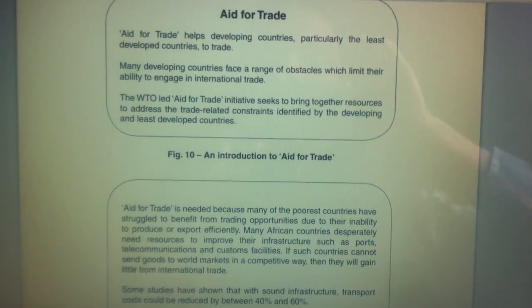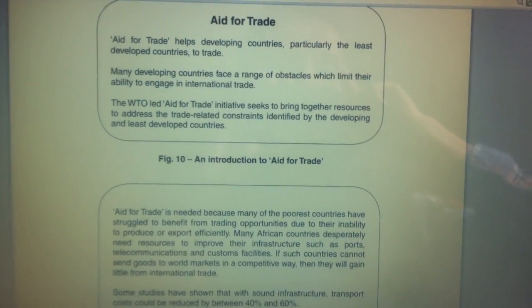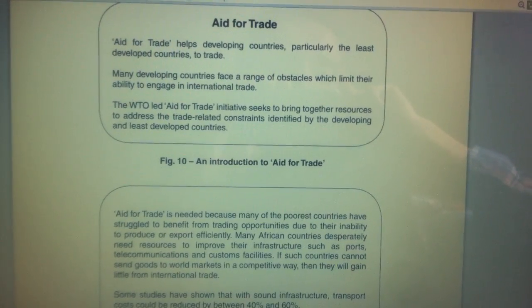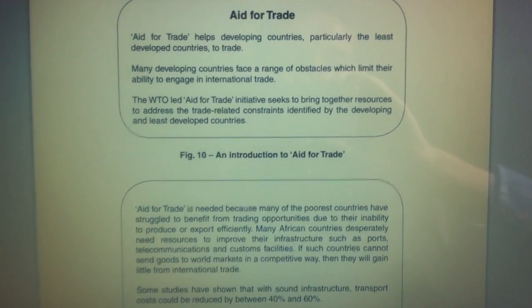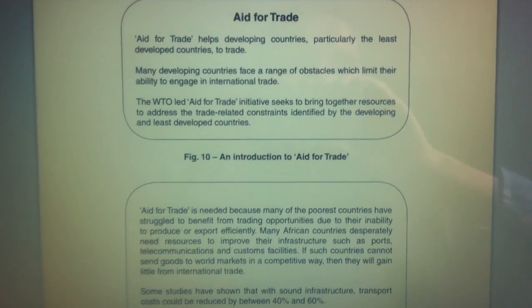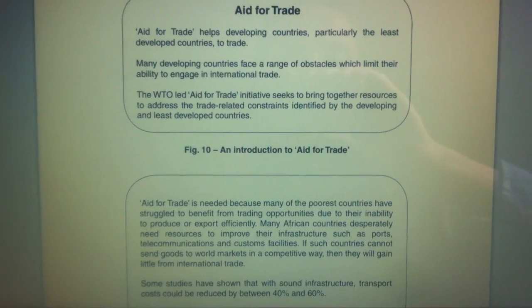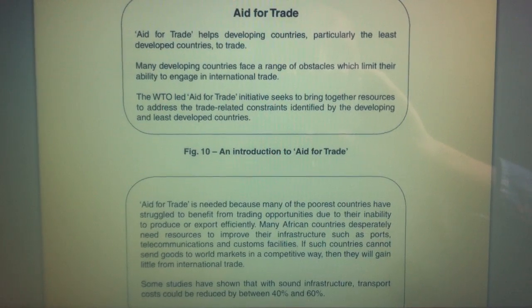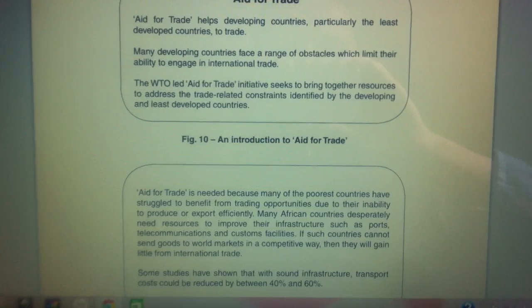Anyway, aid for trade. Foreign aid given by the developed world generally to the developing world is supposed to enable and facilitate them as they try and grow their economies and really just pull themselves up by the bootstraps out of the very difficult and slow growth economies that they have.